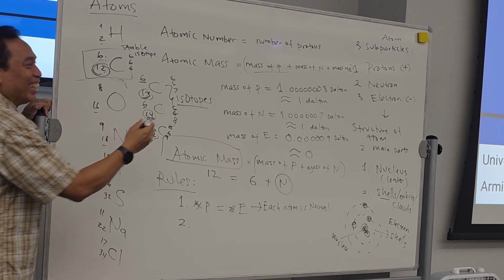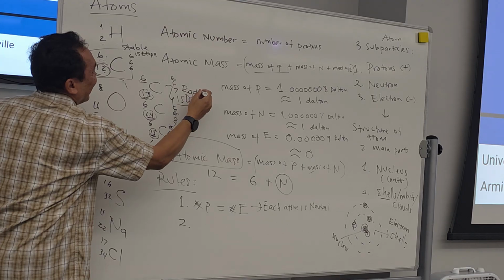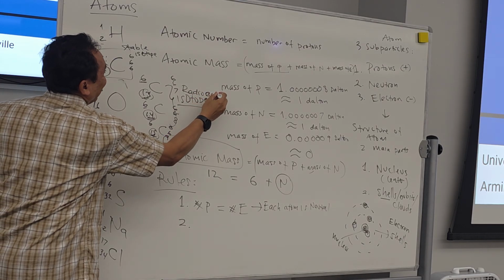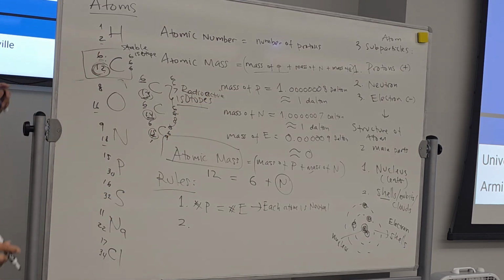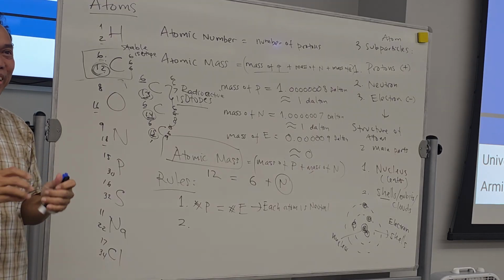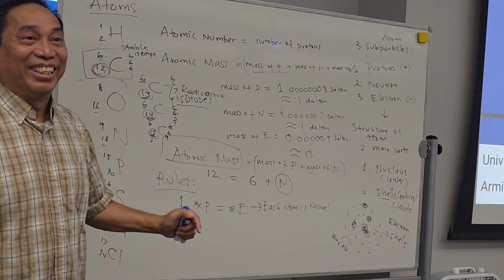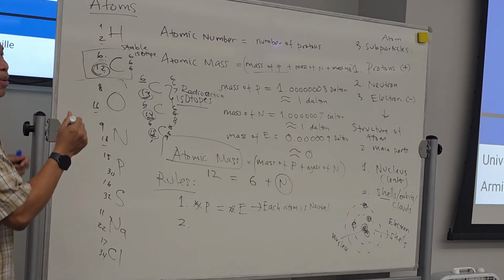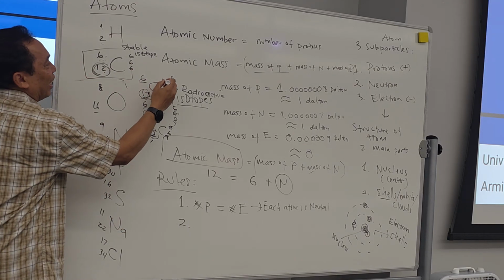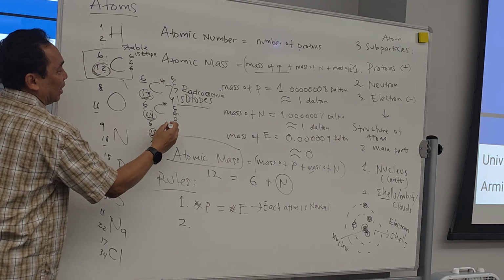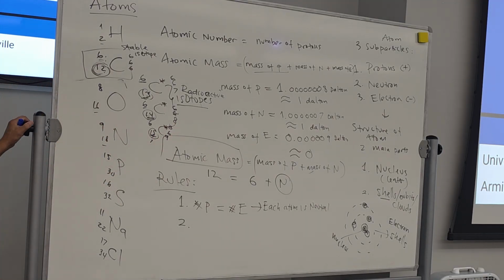This is radioactive. That's dangerous. So sometimes they put this kind of label on this carbon. What is it telling you? It's telling you this is radioactive.